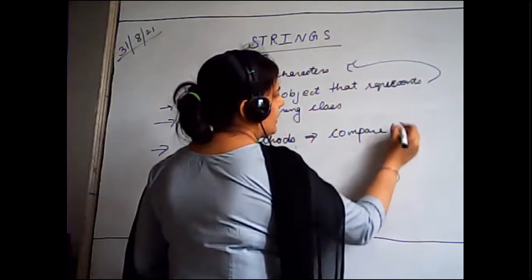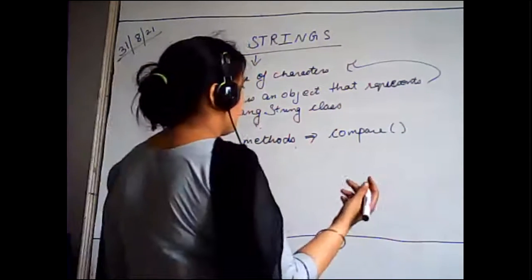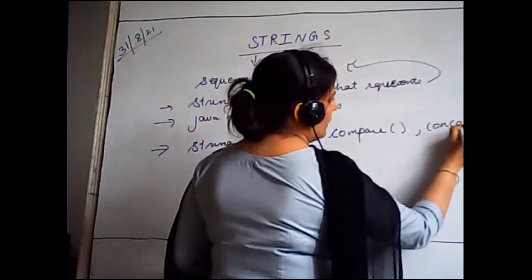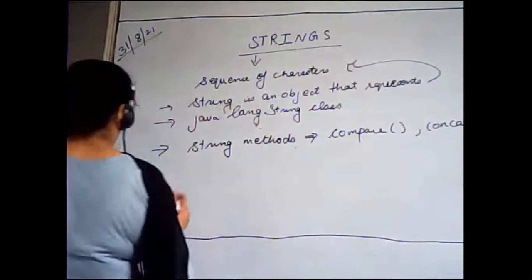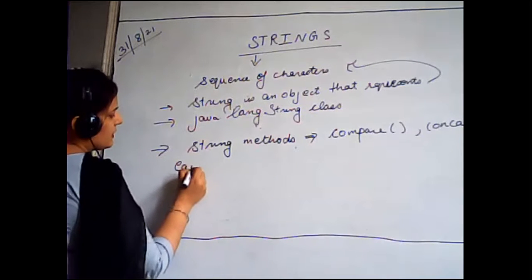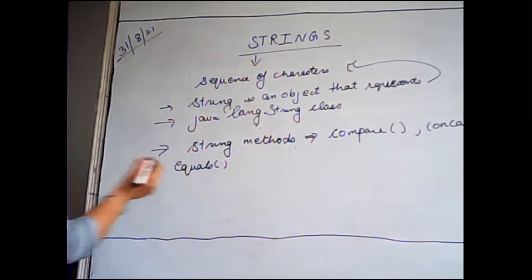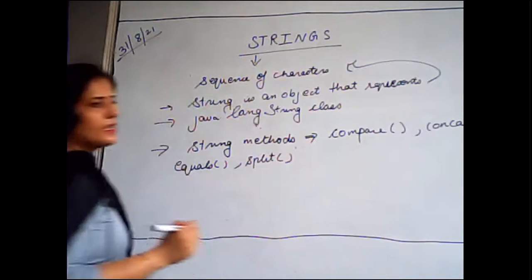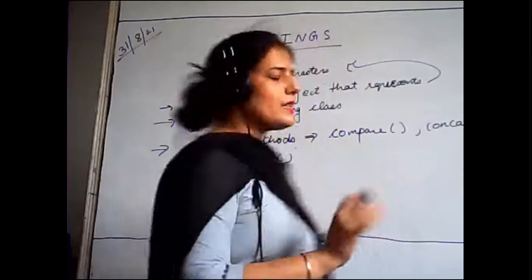That is the compare method, which we use to compare the different values of the string. Then we have the concat method, where we join two or more strings. Equals will check for the equality of the strings. The split method will divide your string into different parts.